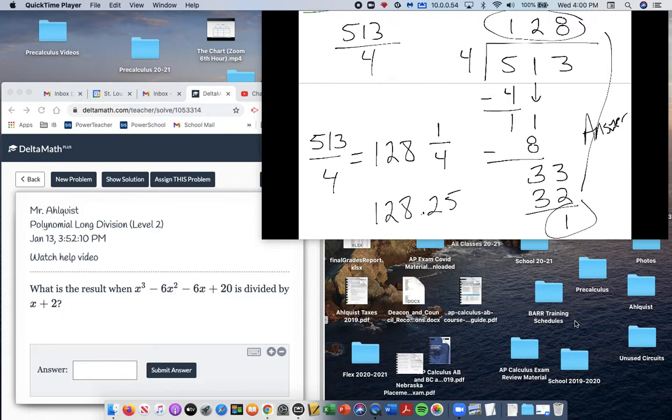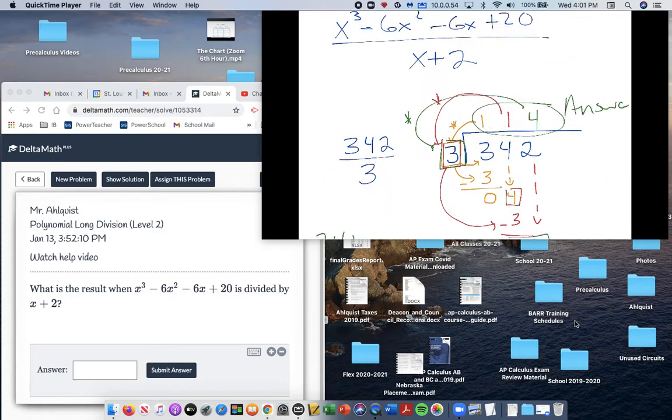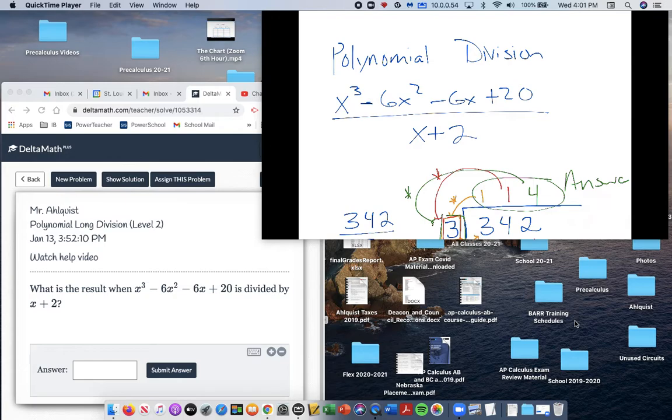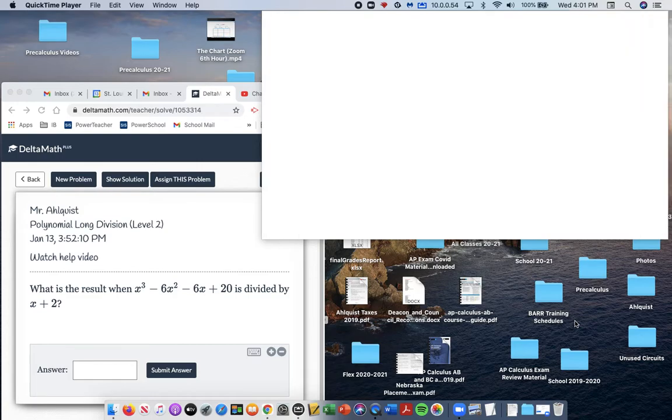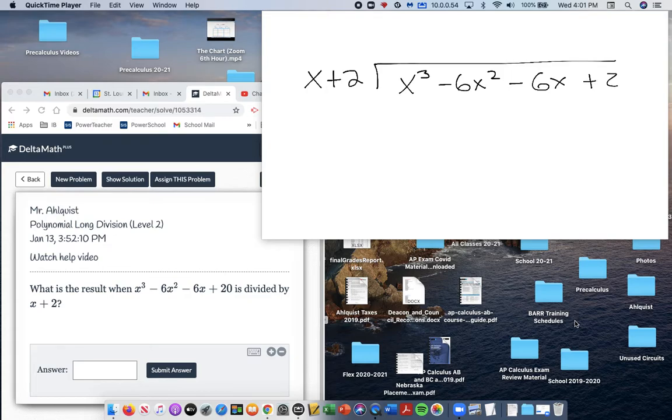Now, let's look at this one in terms of this polynomial dividing thing, this problem that we had at the beginning. And let's use the same idea to come up with this value. It's really important to go in and do this and keep your thoughts organized. So this is as much an organizational thing as anything else. So we have x plus 2, and we have x cubed minus 6x squared minus 6x plus 20.